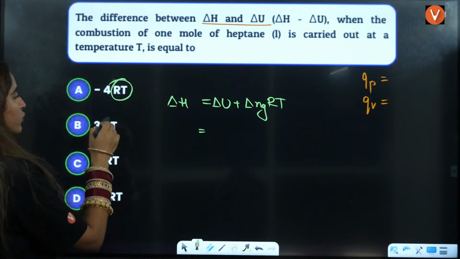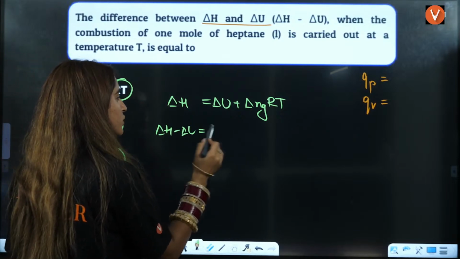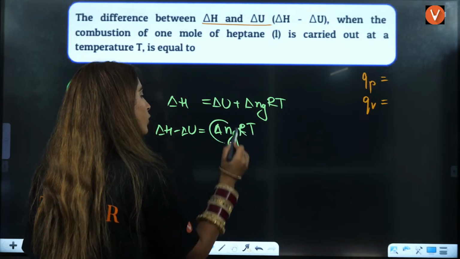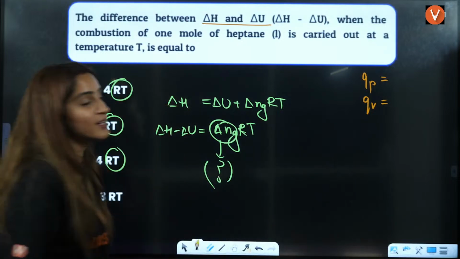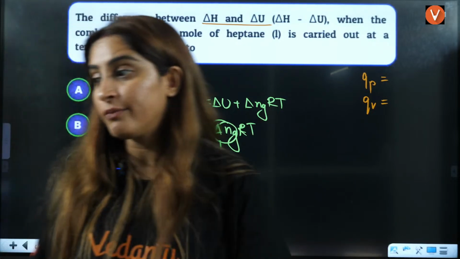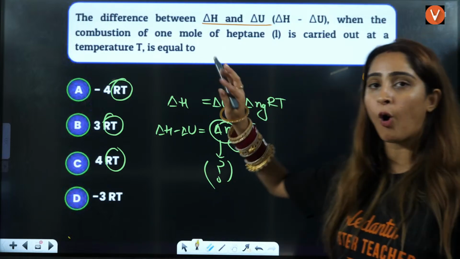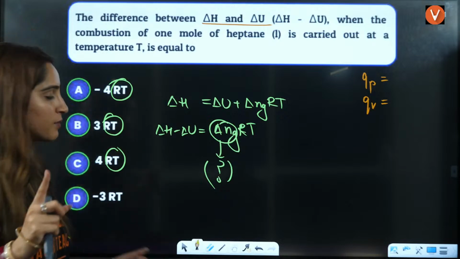RT you don't have to know, you just need to know the value here, that is delta H minus delta U is equal to delta ng RT. So all you need to know is the value of delta ng. It may seem that this question is from thermodynamics, but this question is a combination of thermodynamics and hydrocarbons. Okay, that is organic chemistry.